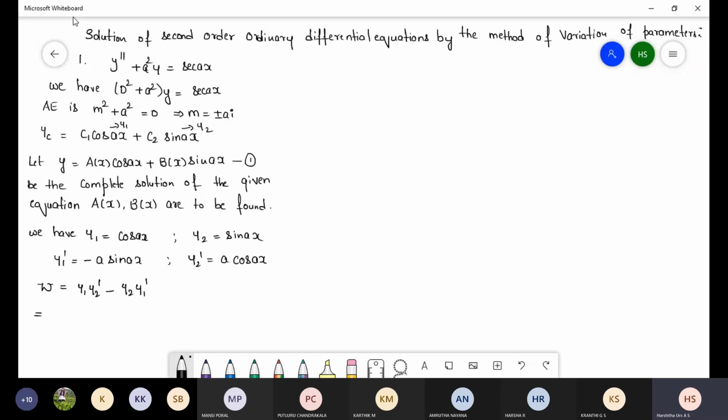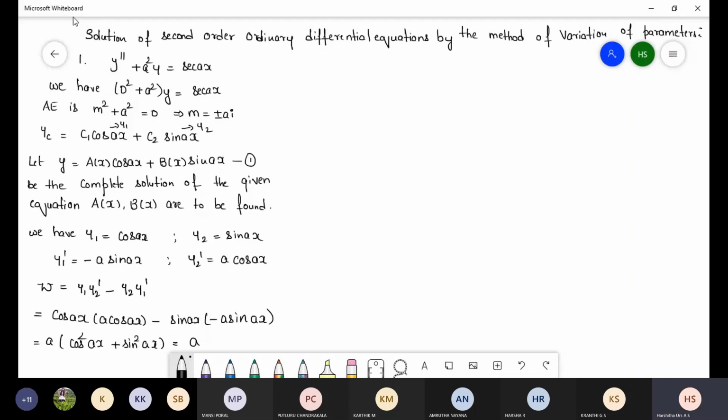Now y1 means cos ax, y2 dash means a cos ax, minus y2 means sin ax, y1 dash means minus a sin ax. So minus into minus is plus. I will take a as common. The remaining cos square ax plus sin square ax is 1 according to the general formula of trigonometric functions. Cos square x plus sin square x is 1. So here also the same rule we apply.